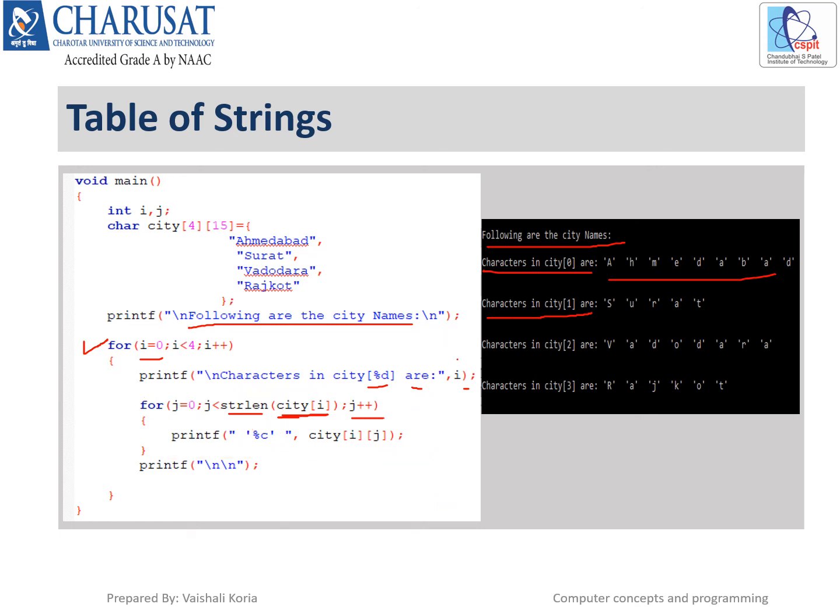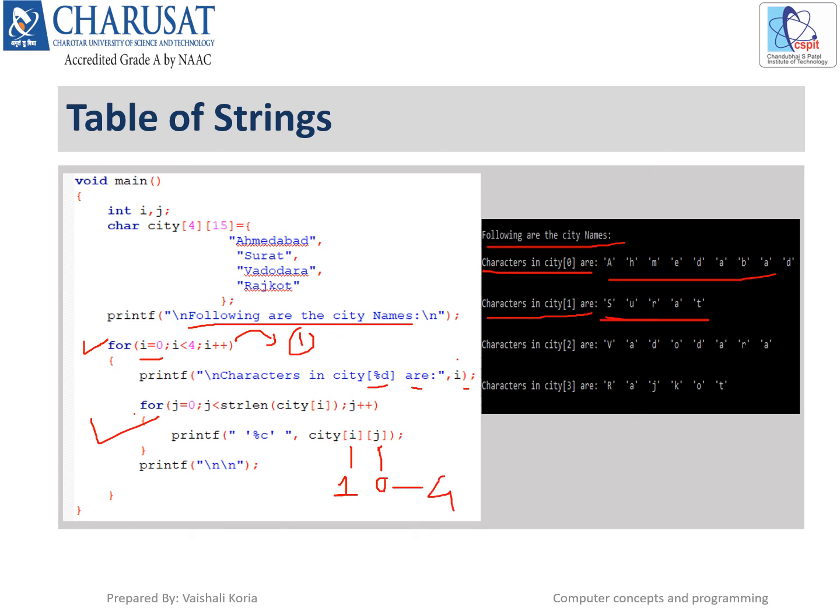After that, the for loop with j gets completed, and then i gets incremented, so the value of i is 1, and again the loop will be executed. The value of i is 1, so the Surat city is accessed, and j will execute again from 0 to the length of Surat.